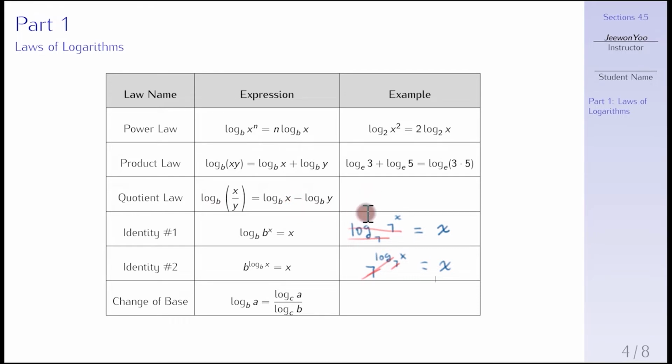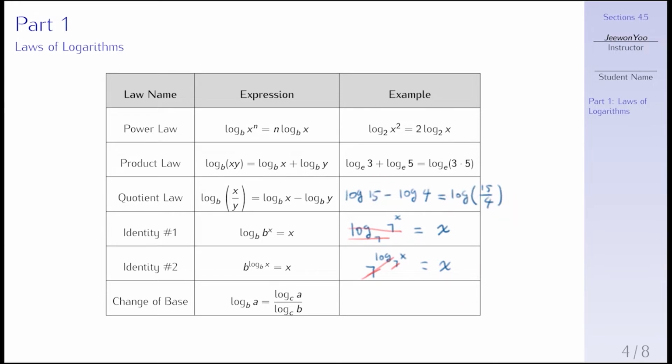As an example, log of 15 minus log of 4. Using the quotient law, these two different logarithms can be written as a single log, but it's a fraction. So log of 15 divided by 4. You can combine two different logarithms into one.